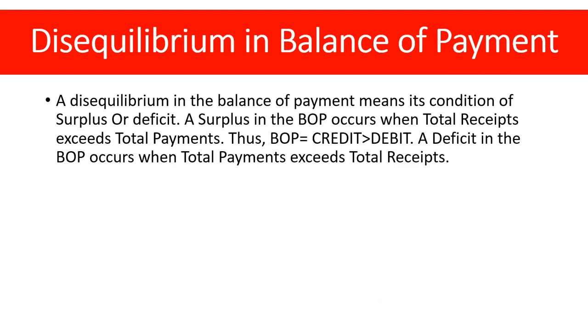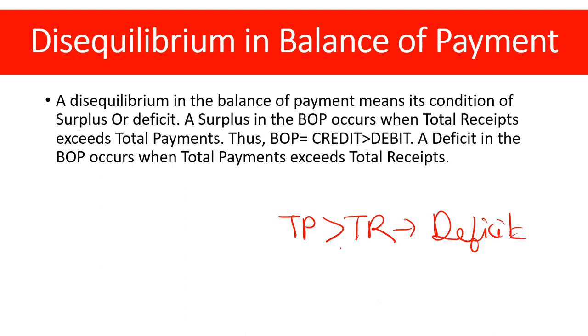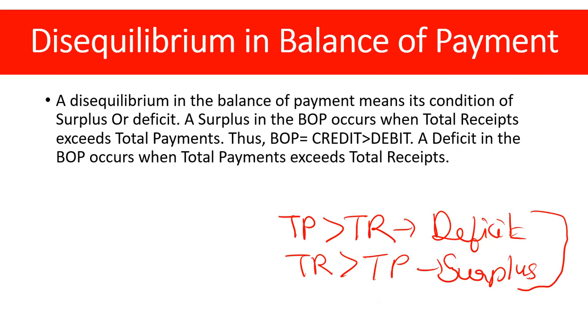When the total payments are greater than total receipts, it will be a case of deficit. And when the total receipts are greater than total payments, it will be surplus. In both cases, there are chances of disequilibrium, because to some extent both sides should be equal in case of balance of payment, that is, debit and credit side.